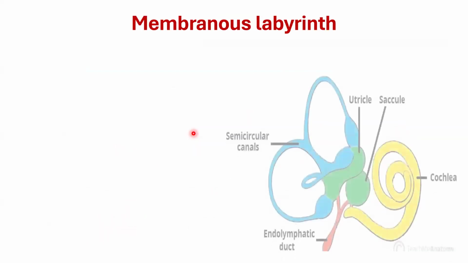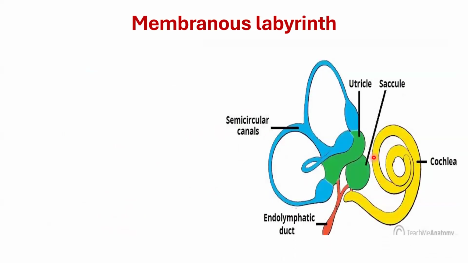That is the bony labyrinth. For the membranous labyrinth, the vestibule contains the utricle and the saccule. Then the semicircular canal shafts are found posteriorly, and here you have the cochlea. These are the membranous labyrinth components.